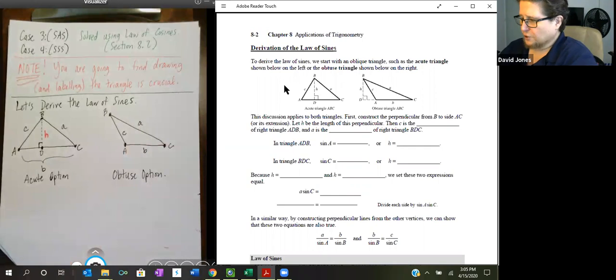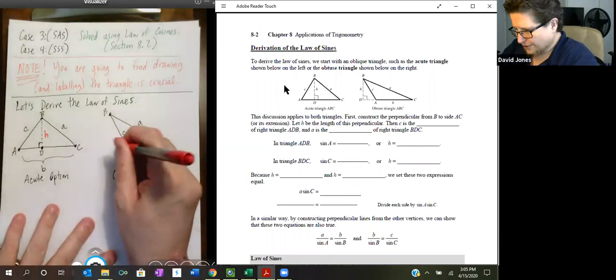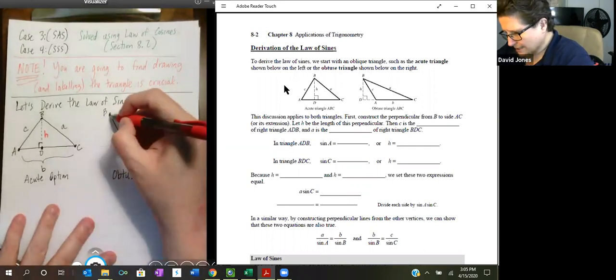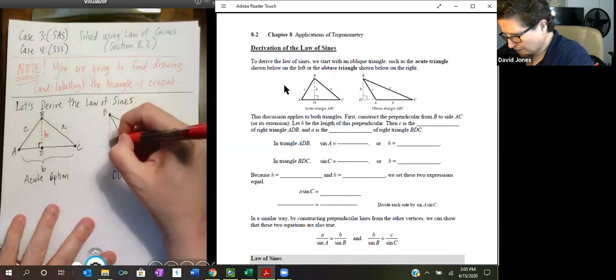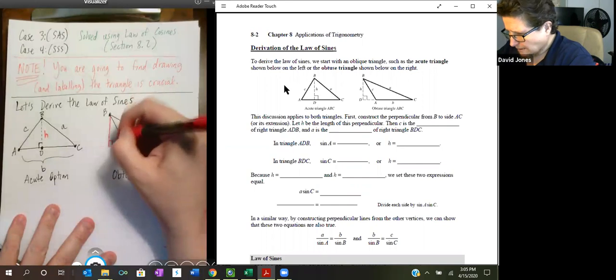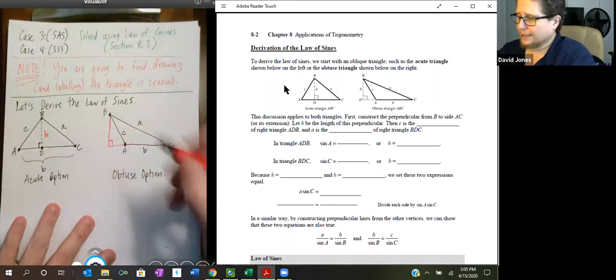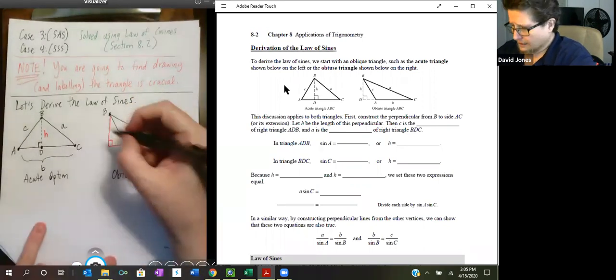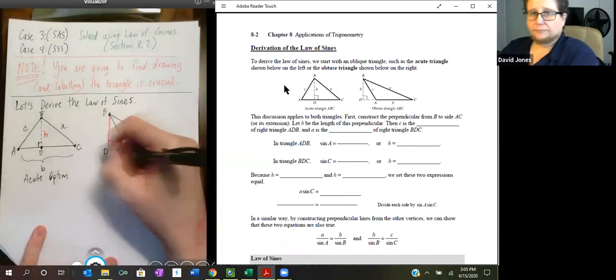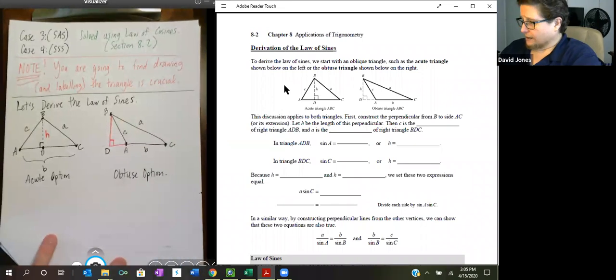What we're going to do is extend this line further, bring this line down into a perpendicular angle. We'll call this point D over here. And now this is a vertical height H.